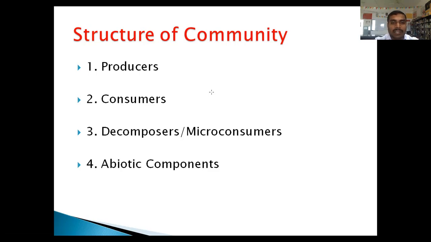These inorganic components circulate in the community, in the ecosystem, like the carbon cycle, phosphorus cycle, sulfur cycle, etc. And these are an essential part of the community, and hence these are also components of the community.